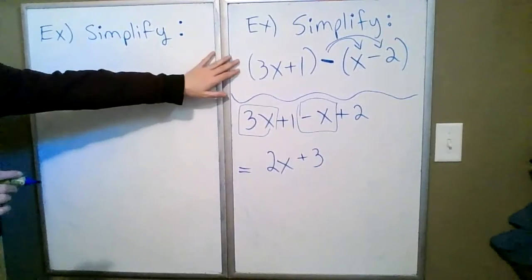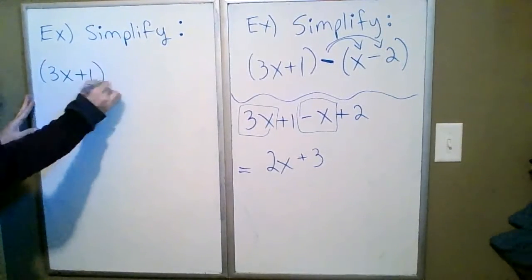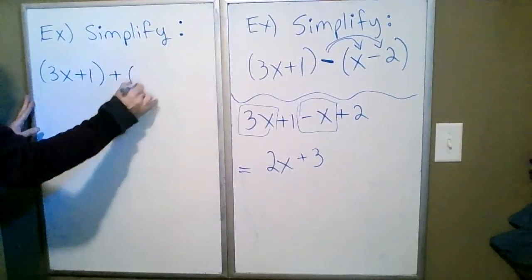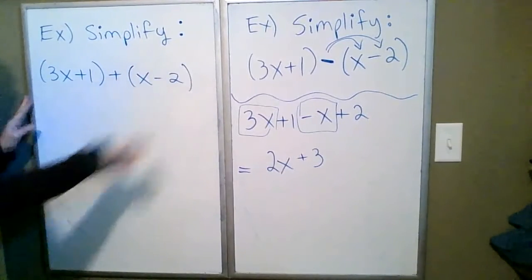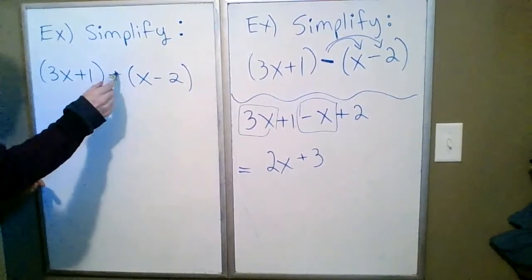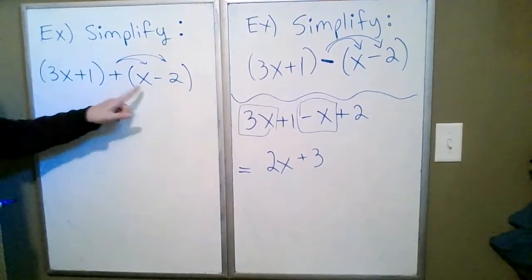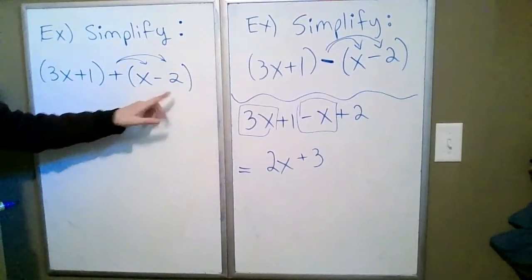But this time we take the 3x plus 1. And let's say there's just plus x minus 2. I mean, you sort of do distribute the plus. Plus 1 times x and a plus 1 times negative 2, something like that.